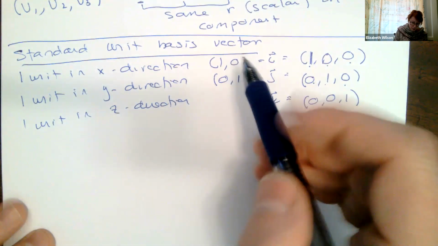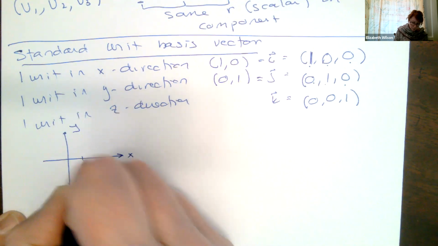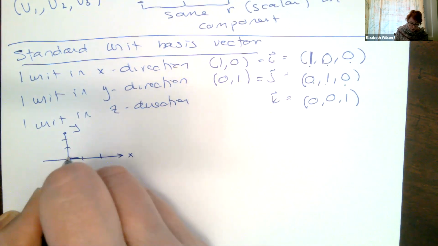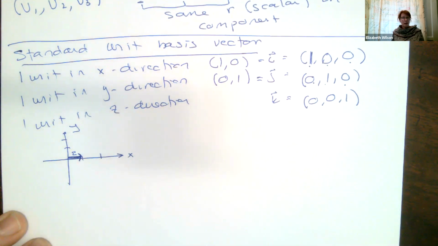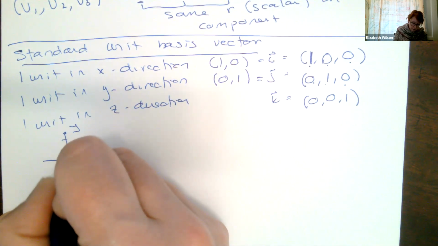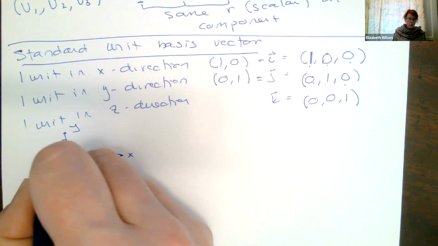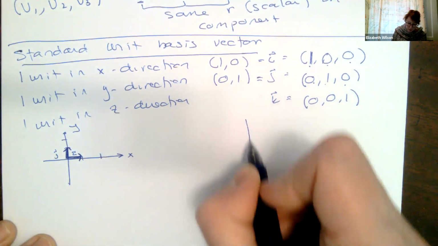How this looks in 2 dimensions, I've gone 1 unit in the X direction. I'm trying to really emphasize it here. I've gone 1 unit in the Y direction. Same thing in 3 dimensions.